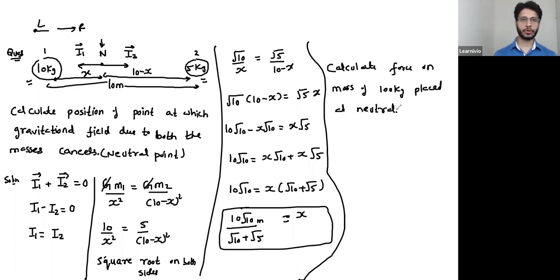Can you guess the force on a mass placed at the neutral point? You can think in this way. If I take this pen and release it, it's going downwards. Sania, why is it going downwards? If I take this pen and I release it, this pen is going downwards. Why is it going downwards?